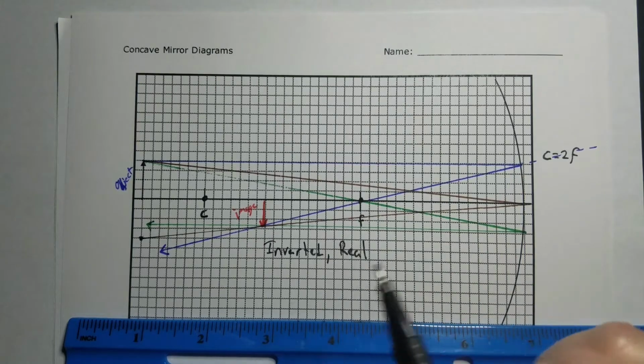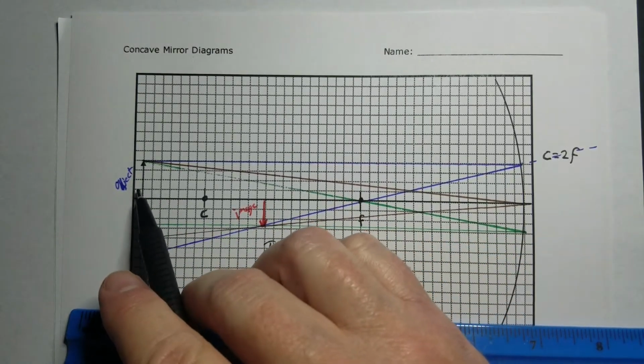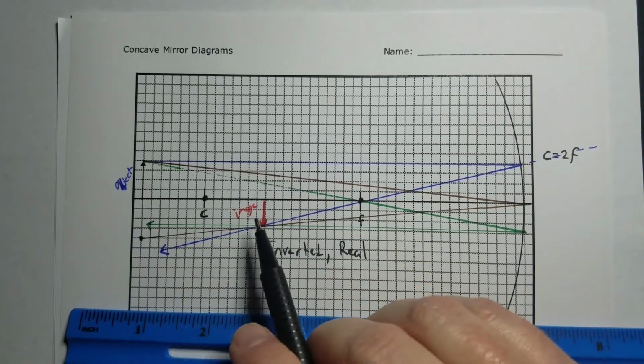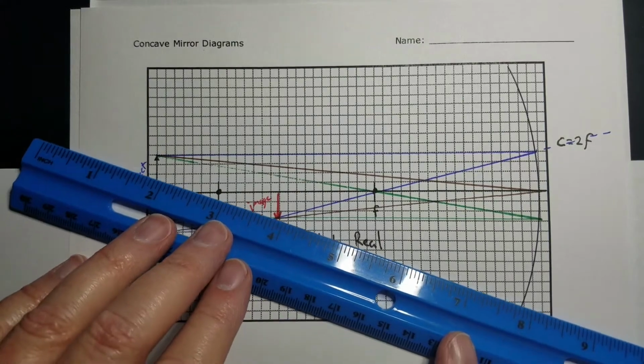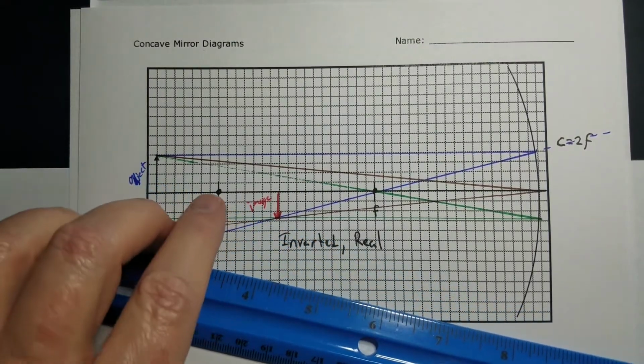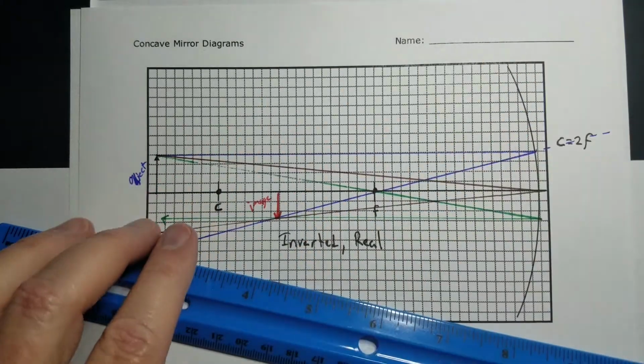All right, let's try another one as we move this object in. That was the object outside C, and the image is in between C and F. A fourth ray that you can draw is one lining up to the center of curvature, which would be the radius of curvature, where it would make a sphere all the way around this point.